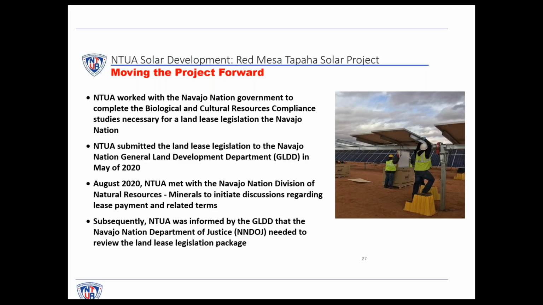Essentially, there are a lot of steps from a regulatory and legislative standpoint specific to Navajo Nation that we have to go through for these projects, and they tend to change a little bit depending upon which project and where they are. So it's not always the same, but this is what we went through in Red Mesa. Next slide, please.